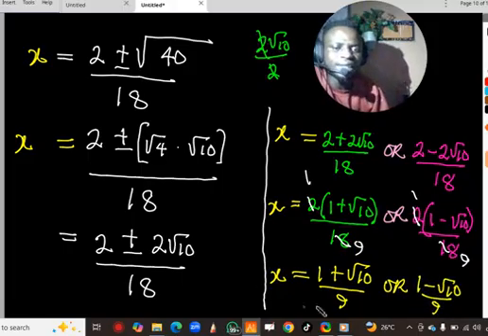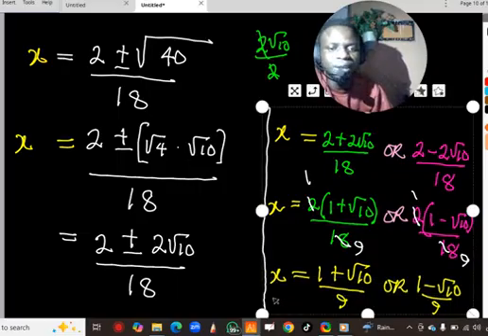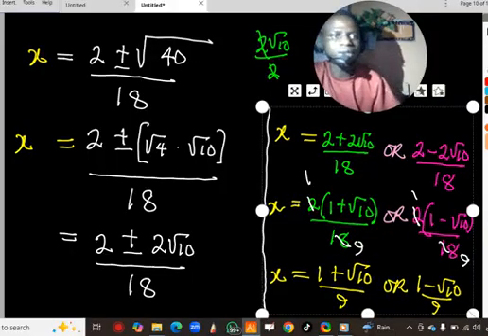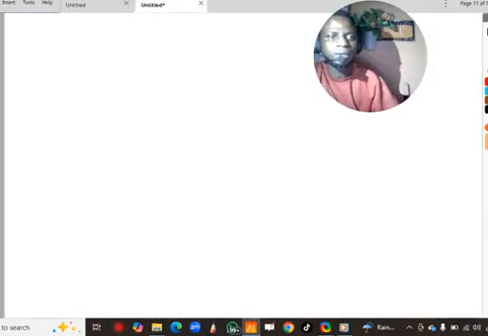We can leave our answers like this, or we can still go ahead to simplify depending on how the options are placed. Let's simplify further.